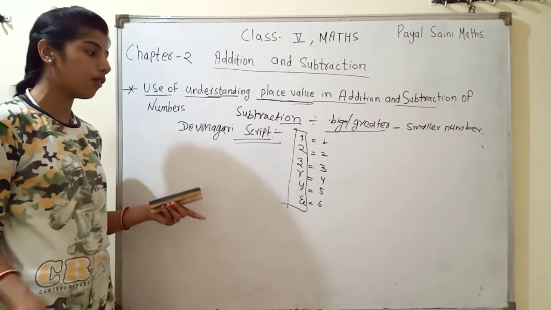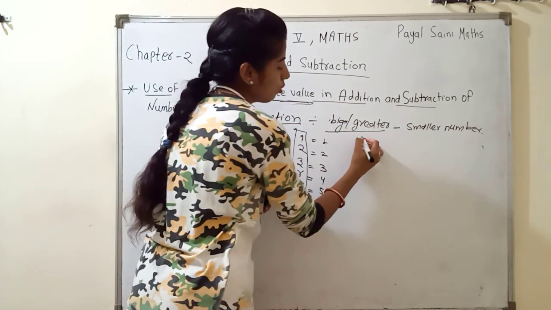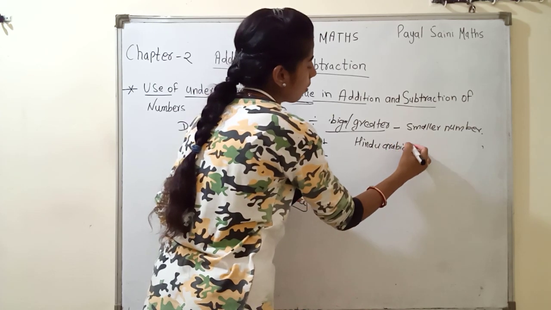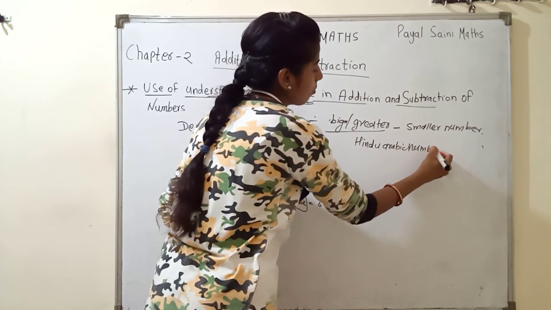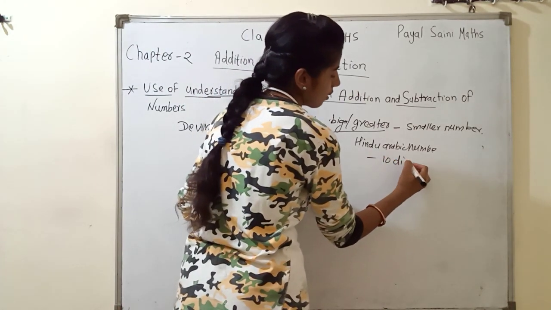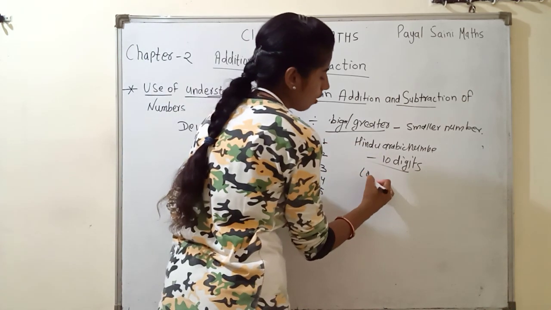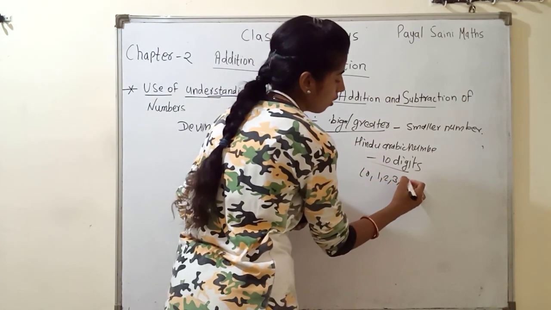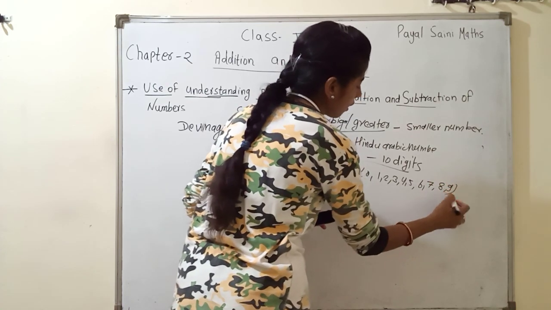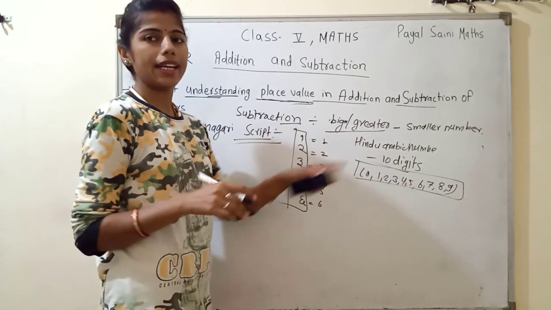Simply we solve addition and subtraction of Hindu-Arabic numbers. In Hindu-Arabic there are only 10 digits: 0, 1, 2, 3, 4, 5, 6, 7, 8 and 9. By these 10 digits we make any other number.